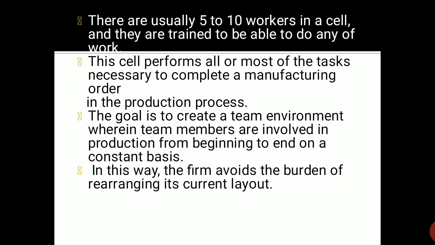In this way, the firm avoids the burden of rearranging its current layout every now and then; it is changed to cellular. That means in the small cells you divide the activities, 1, 2, 3, 4, 5, in a small cell. So each activity has its compact effect and it can be worked out like that.